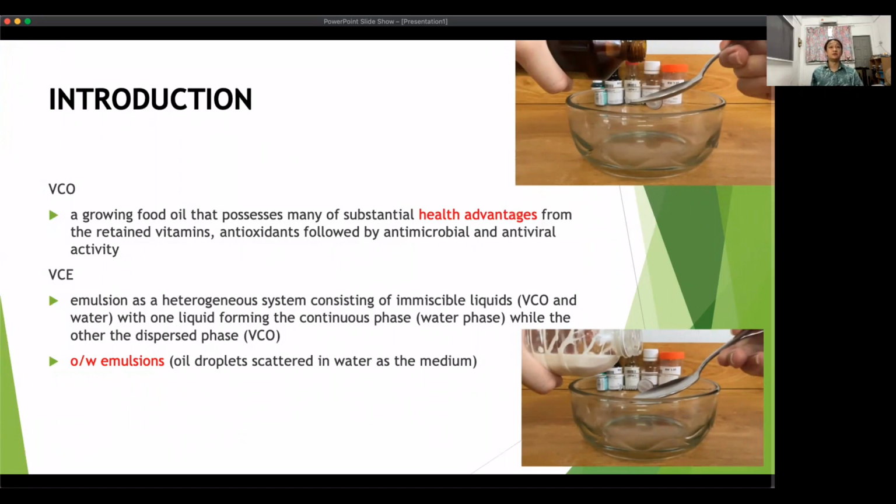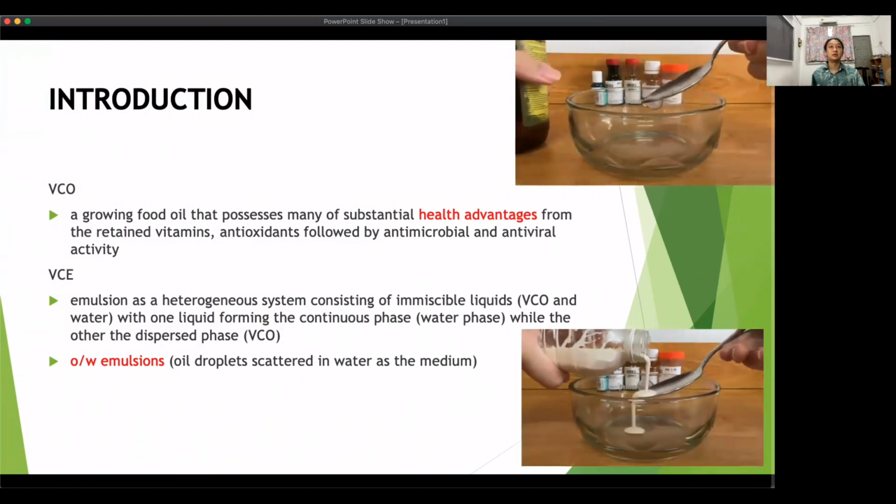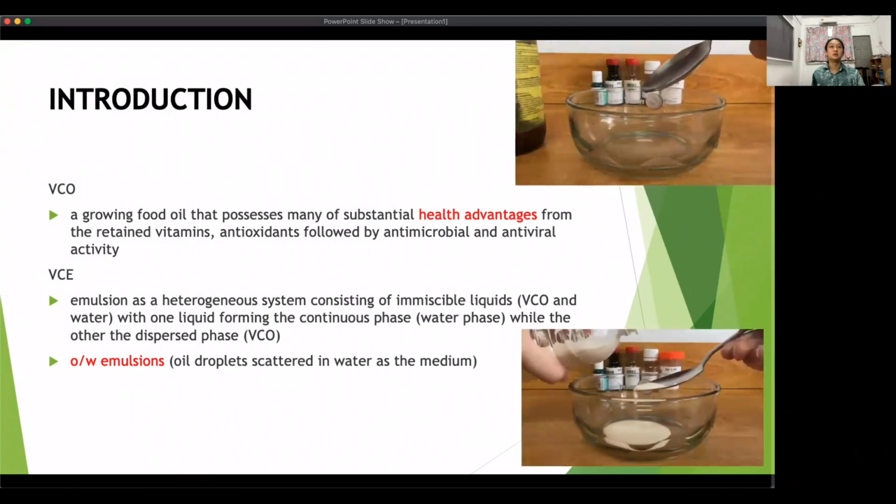VCE is when virgin coconut oil and water, which are two phases that usually don't mix together, with the addition of surfactants such as lecithin, will mix to become small tiny droplets of VCO, an oil and water emulsion called VCE. So this one is the virgin coconut oil, and this one is the virgin coconut emulsion made.